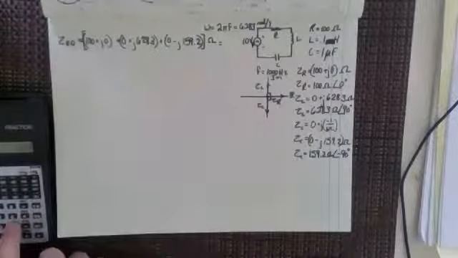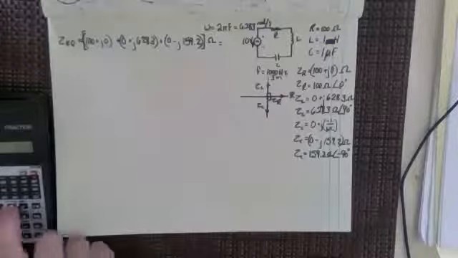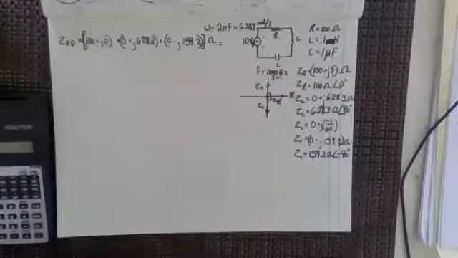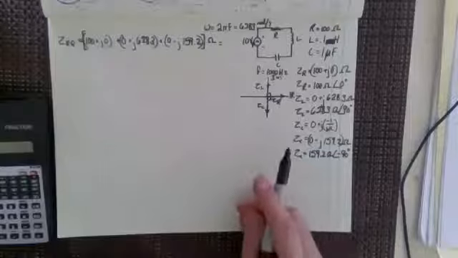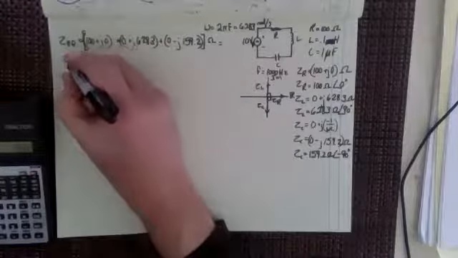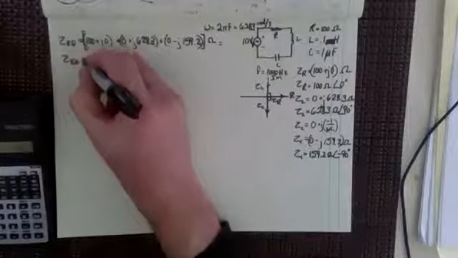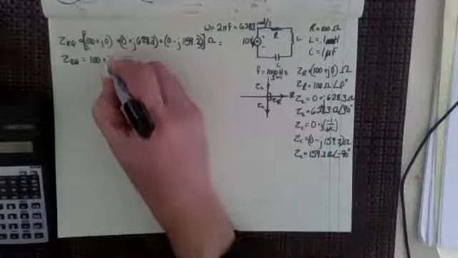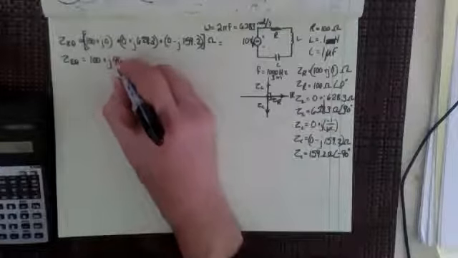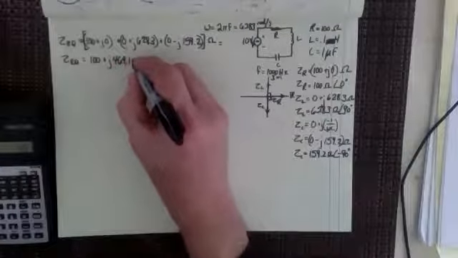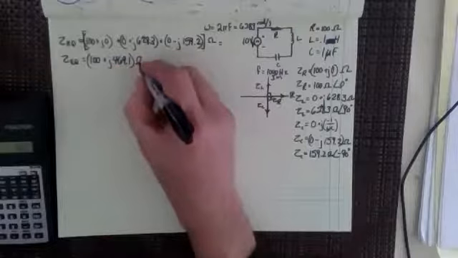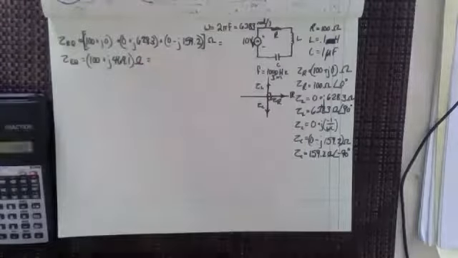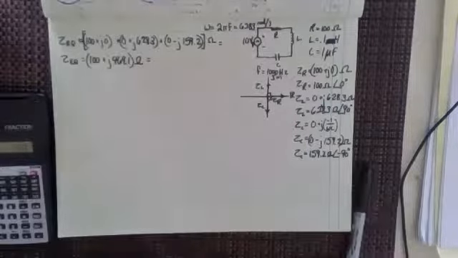So 628.3 minus 159.2 gives me 469.1. So my equivalent impedance in that circuit is going to be 100 plus J469.1 ohms, right? Now, how would I turn that into a phasor?